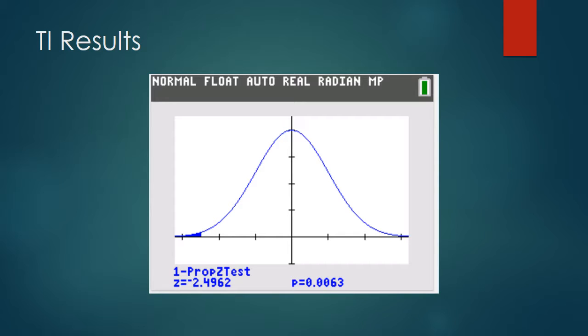So that test statistic says our results are 2.5 standard deviations away from what we expect if the null hypothesis is true. Either we got a freaky sample or the null hypothesis is not true.